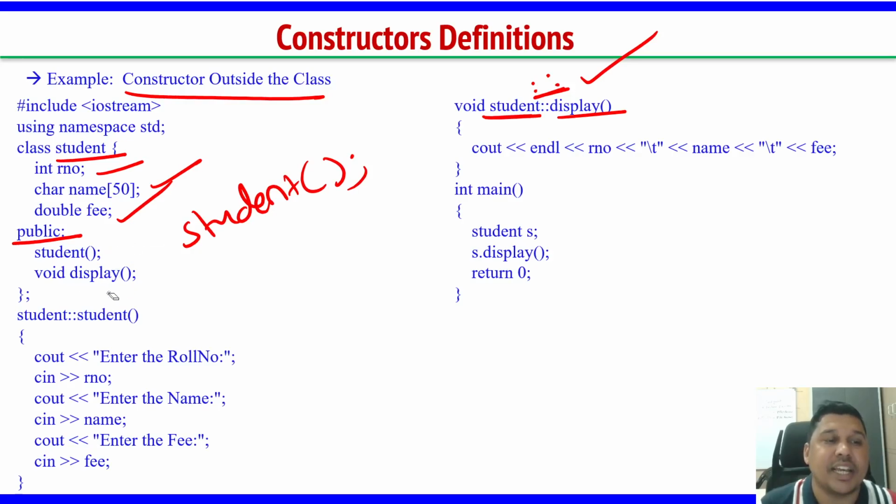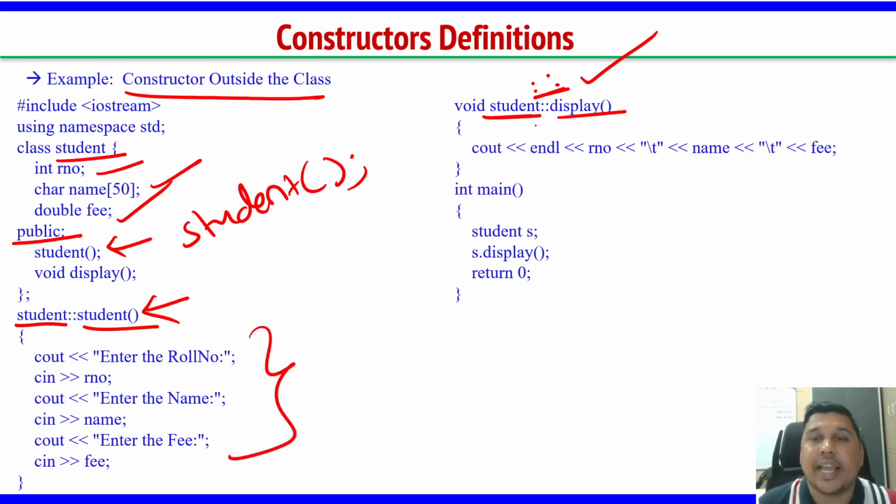Same thing I have done here. I simply gave the declaration of the constructor, but the body I wrote outside: class name Student, scope resolution operator, function name. What is the function name? Student itself, because it's a constructor. So these set of statements are there. Again, the display function I also wrote outside.